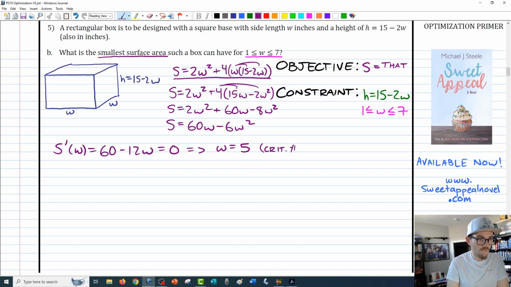We're going to use this information alongside what we have up here with our endpoints, W equals 1 and 7, to create a candidates test table and actually check which one produces the largest surface area and which one produces the smallest surface area. Although we will actually find which one produces the largest surface area as well, based on the interval we're given. So, okay, let's do it. Let's set up that table.